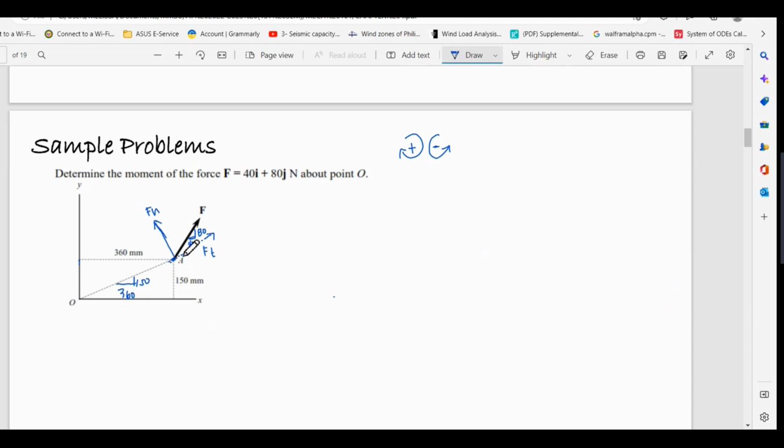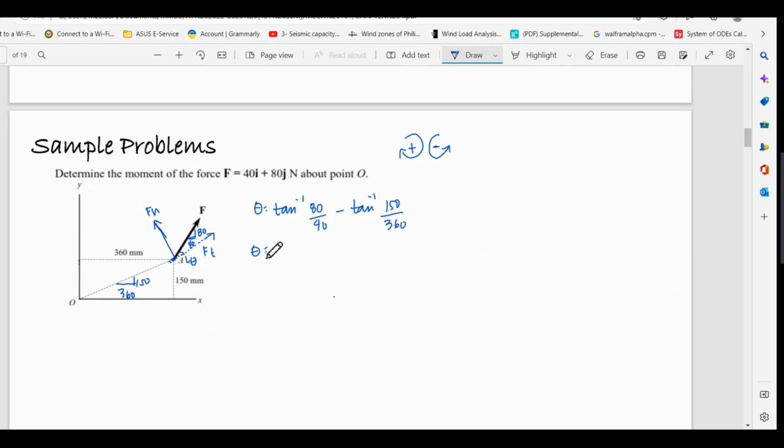So, assume natin that this is our theta. Theta, ayan. Between Ft tsaka yung ating force F. So, our theta is equal to arctangent of 80 divided by 40 minus arctangent, or inverse tangent, of 150 all over 360.